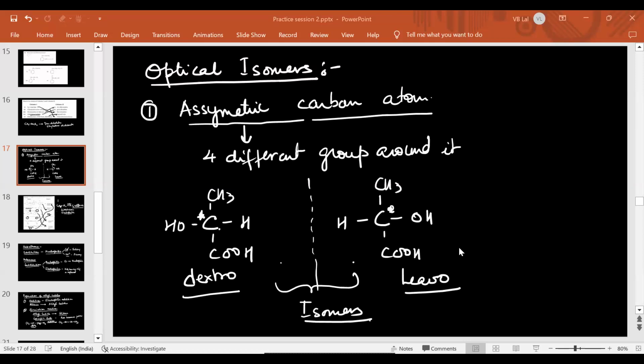Children, can you see the screen? Vaishnavi, can you see the screen? Hello? Yes, ma'am. Which screen are you able to see? Are you able to see the optical isomer screen? Yes, ma'am. Are you able to see the black screen?